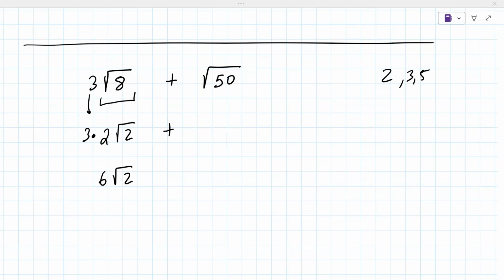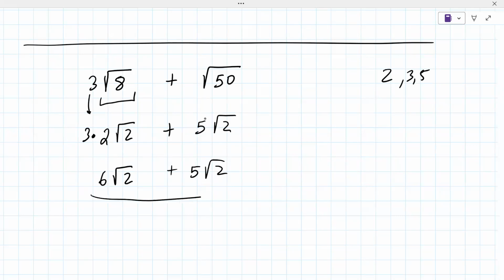The square root of 50 does reduce, right? I'll have five and two, so five and two. 5 square root 2.